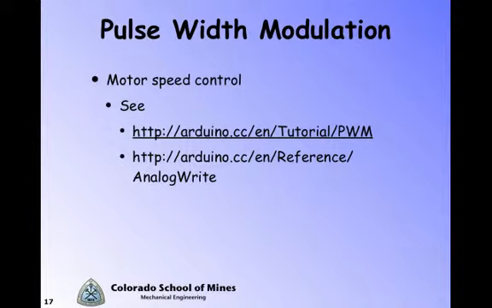Pulse width modulation is the modern way to provide speed control on DC motors. Basically, the idea is that rather than providing a voltage that is proportional to the velocity that you want the motor to turn at, you provide power that is some percentage of the full power available from the power source.